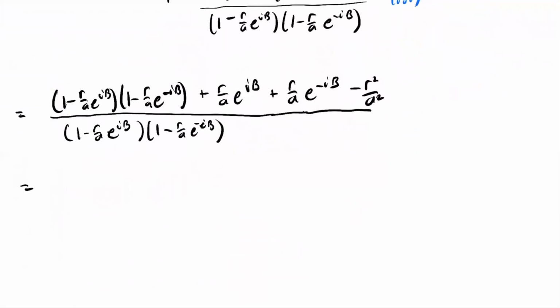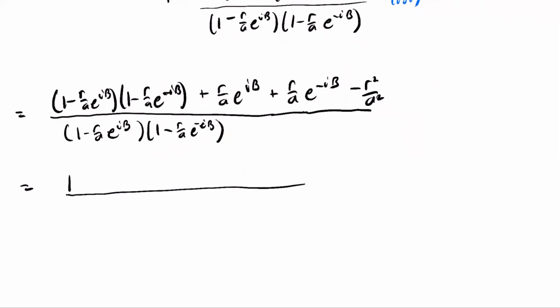Now let me clear up some of this. I don't want any fractions in the numerator, so let me multiply through by a squared. But before we do any of that, let's just multiply out all of these terms in the numerator and denominator that we haven't calculated yet. So in the numerator, let's multiply this out.